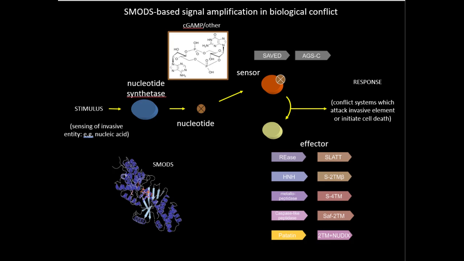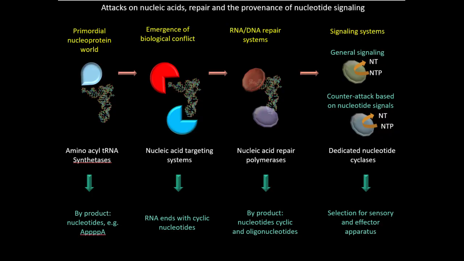So that suggested that the existence of nucleic acid damage or the sensing of the entry of nucleic acid from outside was a phenomenon which probably served as the foundation for the emergence of these enzymes. So they probably created some byproducts which then acted as signals for deployment of effectors in the conflict with the invasive entity. And these got institutionalized as enzymes which now generated a dedicated signal upon detection of the invasive entity.